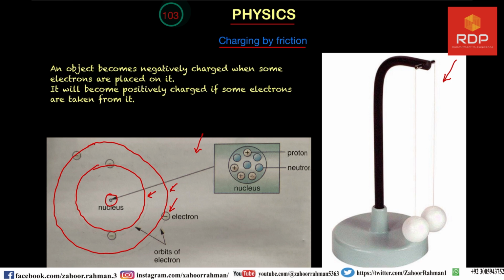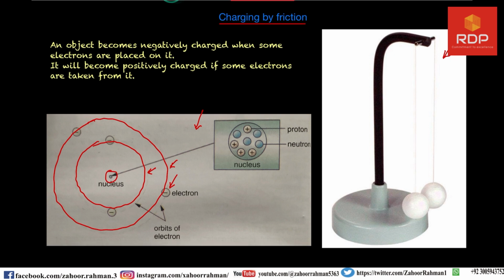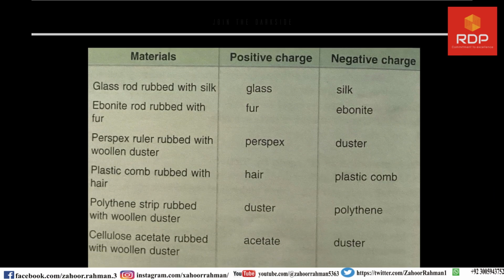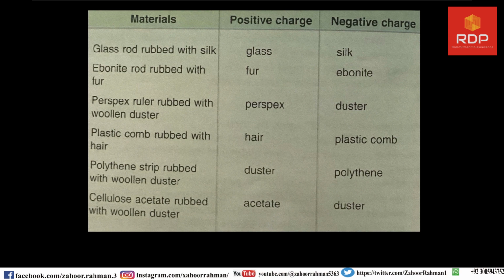There is a table in which we will discuss, when rubbing different things with different materials, which will become positively charged and which will become negatively charged. But before that, charge is never made or destroyed in the friction process.